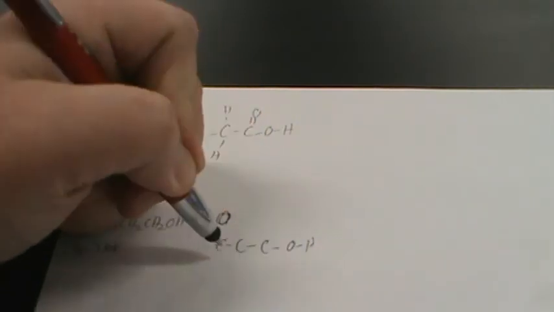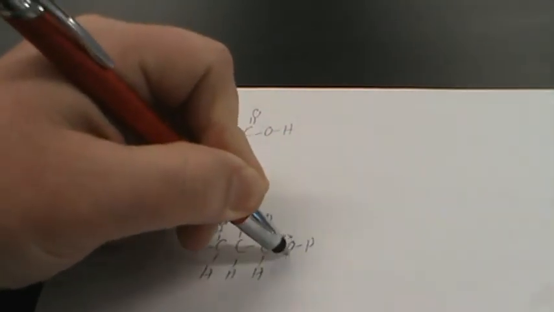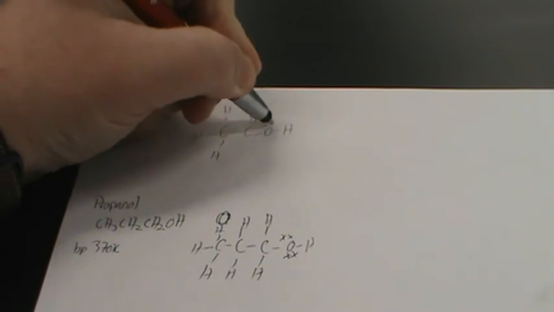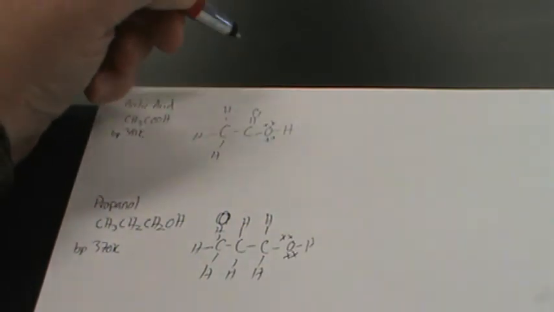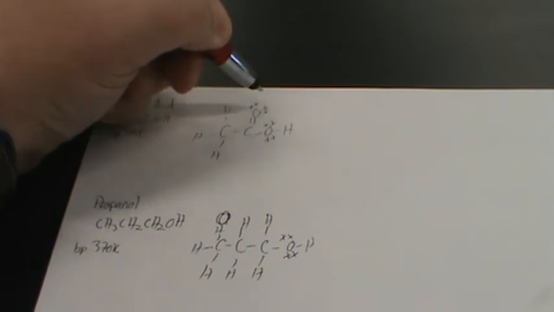Let me start that. CH3CH2CH2OH. So you can see where the lone pairs are at. All right, there we go.